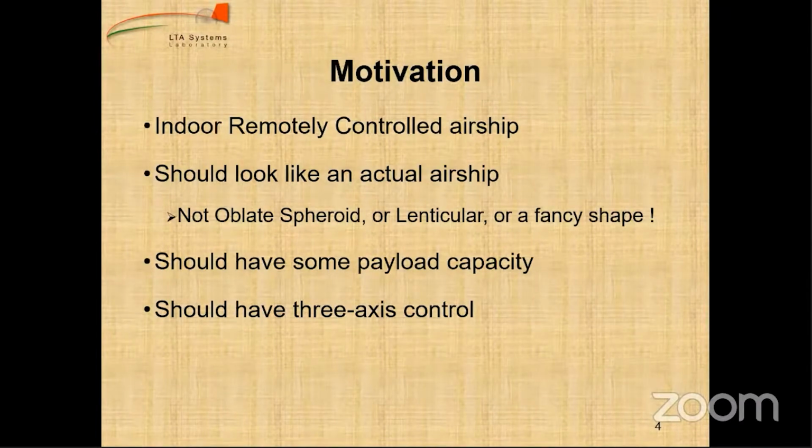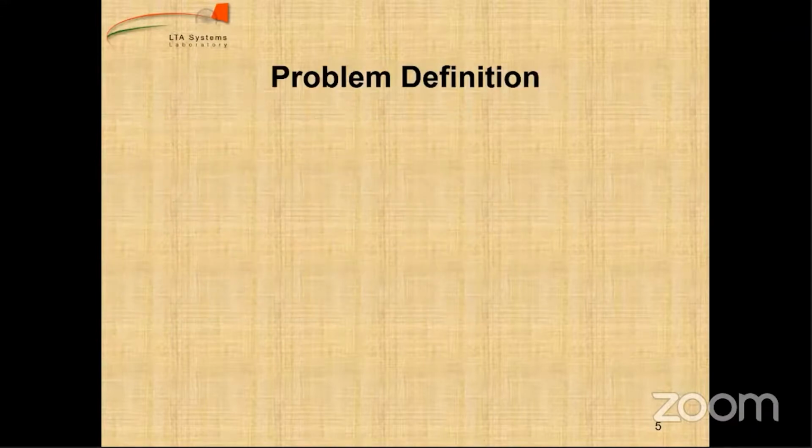So an airship should have three-axis control, because we are flying it indoor, in an indoor room or hall. So that's why we will have three-axis control for pitching, side movements, yawing and rolling.